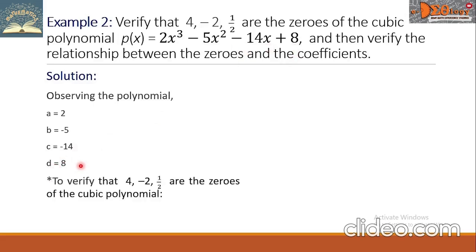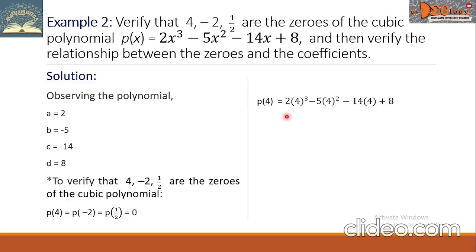Now to verify that 4, negative 2, 1/2 are the zeros of the cubic polynomial, we need to check P of 4 is equal to P of negative 2 is equal to P of 1/2. All must be equal to 0. Now let's start with P of 4.